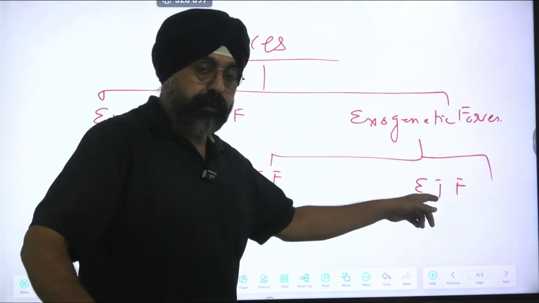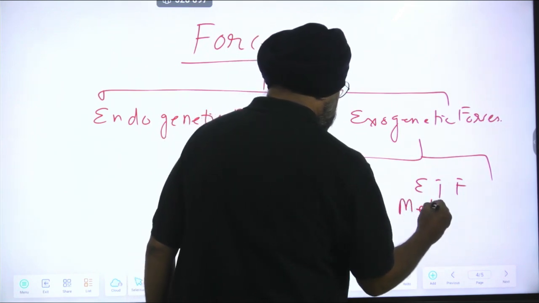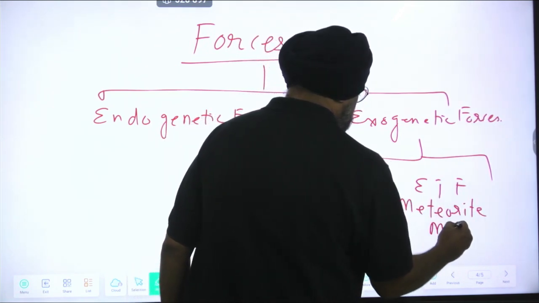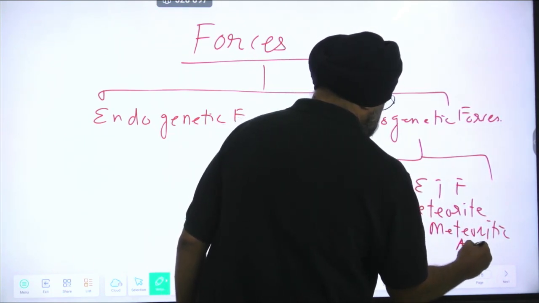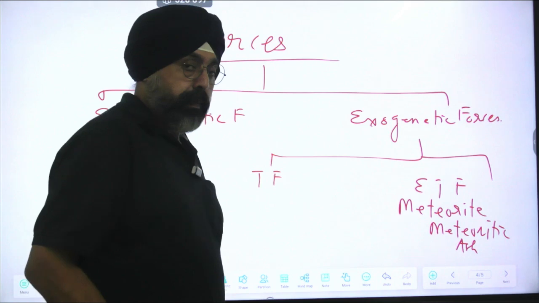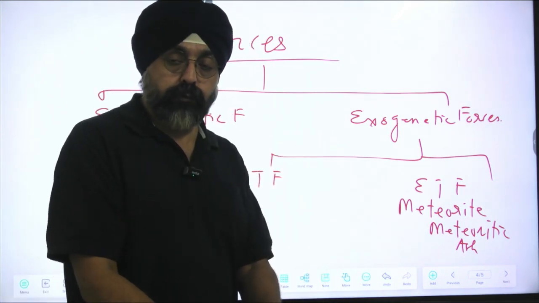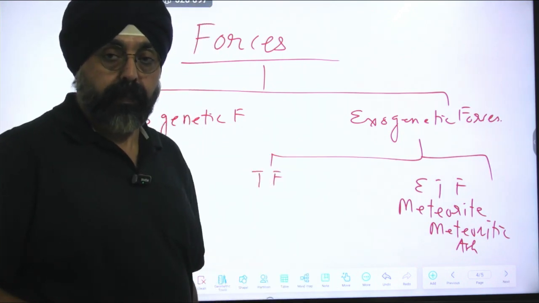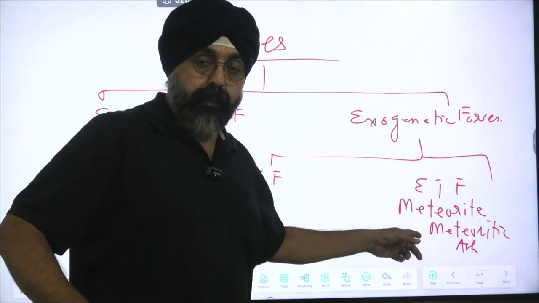These extraterrestrial forces may be some meteorites, meteoritic ash. Some meteorite falls on the surface of the earth and creates an impact lake. There are 200 meteoritic impact lakes.